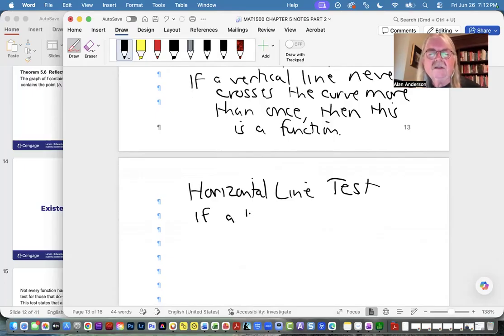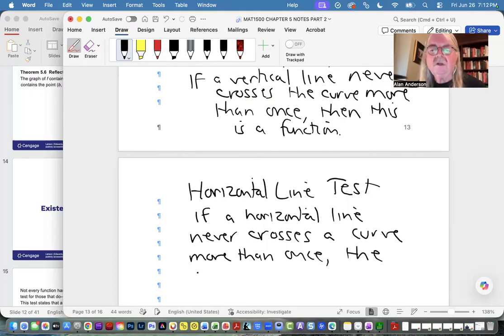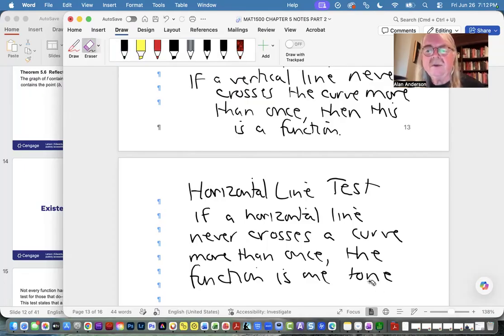If a horizontal line never crosses a curve more than once, the function is one to one, and therefore has an inverse. That's why they're bringing this up now, by the way, not just for the fun of it, although it is fun, I guess, but because we need it.